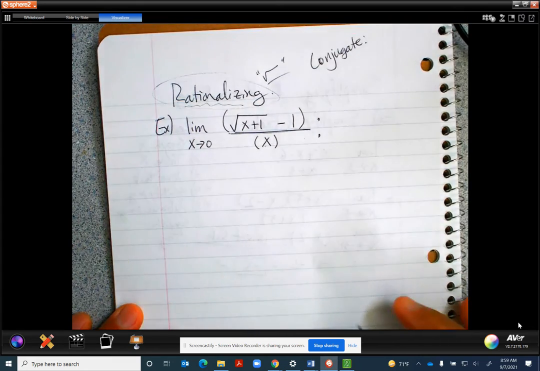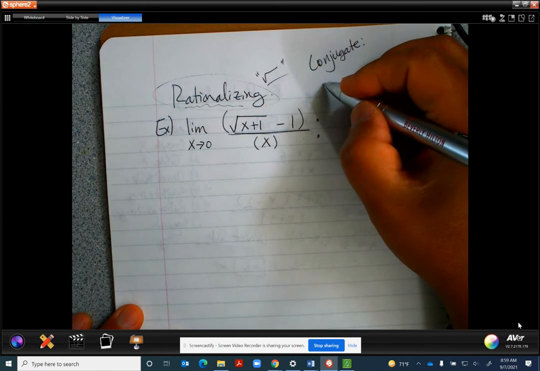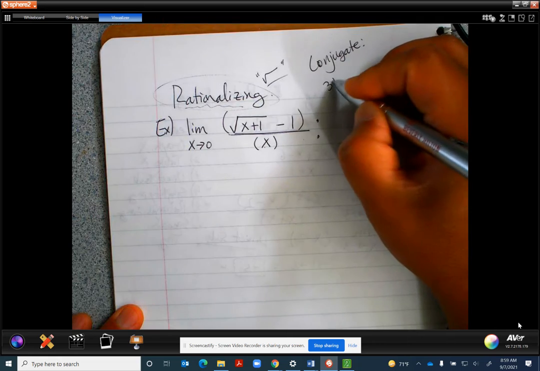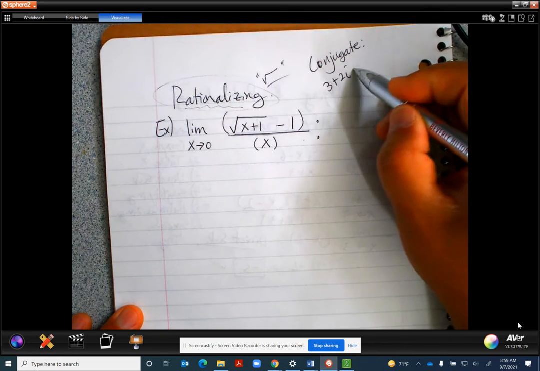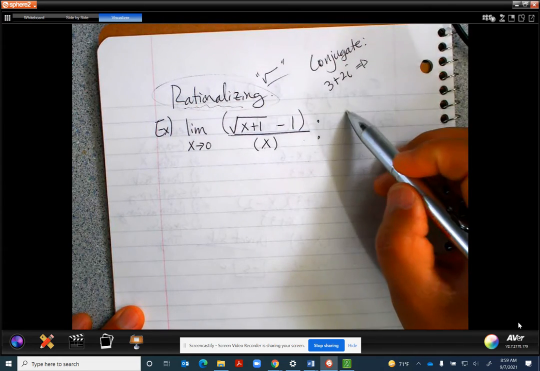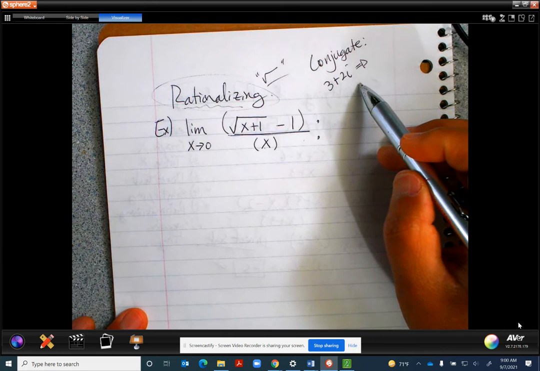Do you guys remember what conjugate was from Integrated 3? If you have like 3 plus 2i, what is the conjugate of 3 plus 2i? Anybody remember? Imaginary solutions? You guys didn't study that?